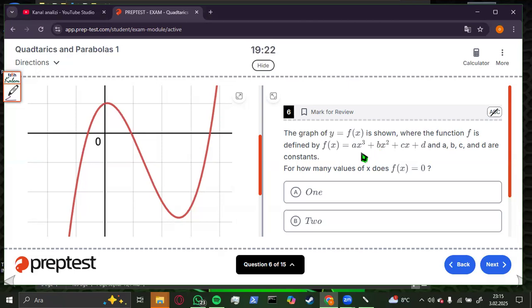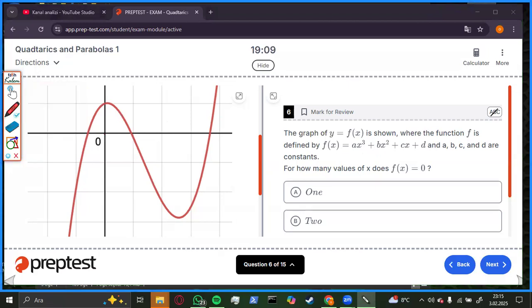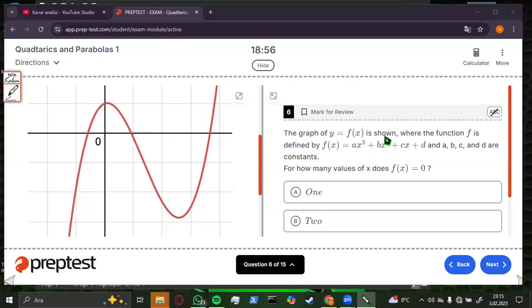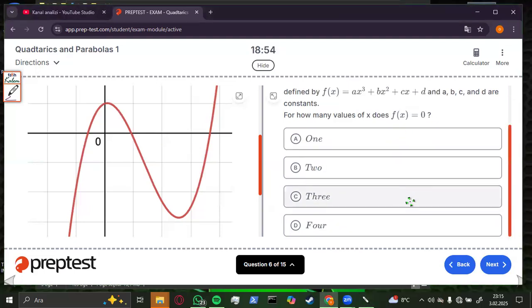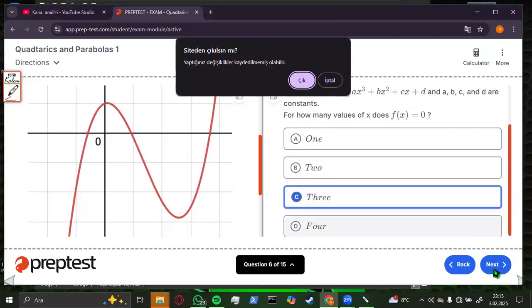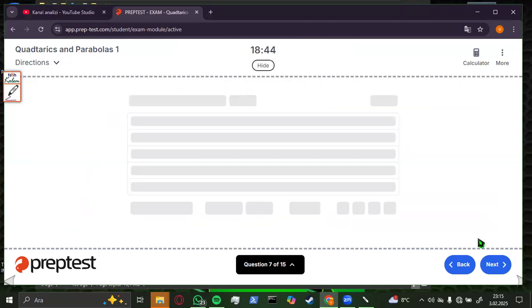And we see that it is a third degree polynomial equation, and at the same time you see three different x-intercepts, which means that you have 3 x values. So option C is true for this question.